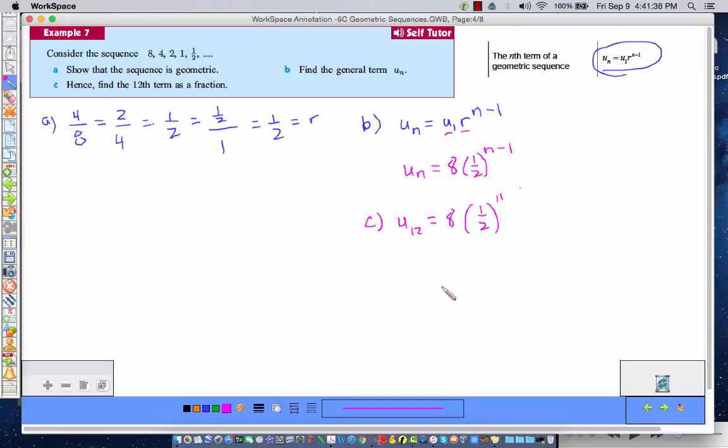So that in turn would be equal to 8 times 1 over 2 to the 11th, which is equal to 8 over 2 to the 11th. And 2 to the 11th is indeed equal to 256. 2 times 2 times 2 times 2 times 2, and so on.